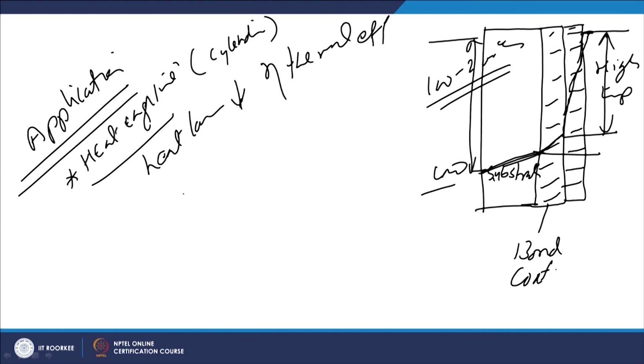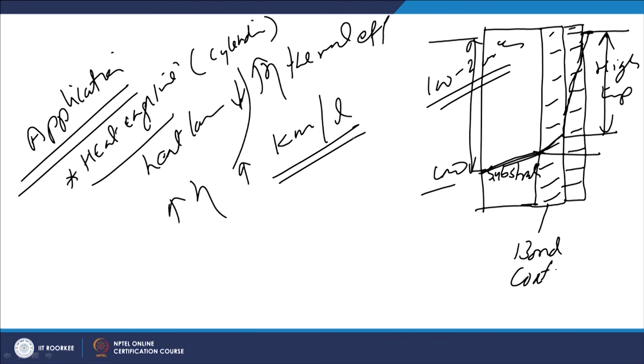Heat loss is reduced, thermal efficiency is enhanced, and an increase in thermal efficiency improves the mileage, and we are able to cover longer distances per liter of the fuel which is being consumed.